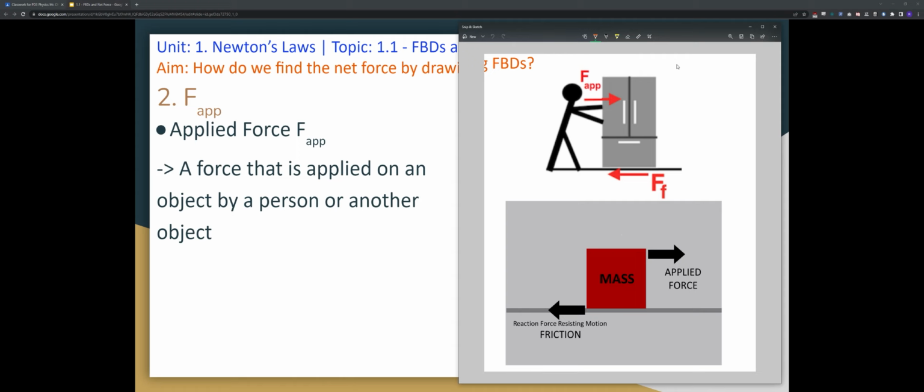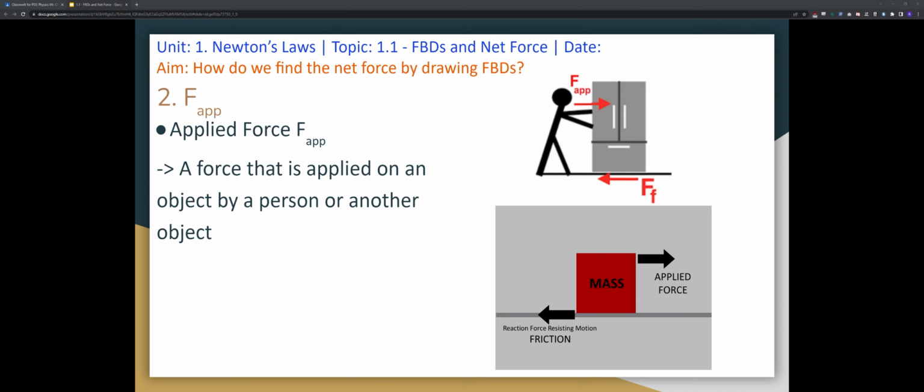If I kick a table, I'm also applying a force on that table. If a bat hits a baseball, that bat is applying a force on that baseball, so that's the applied force. And we're going to attribute the applied force to pretty much anything that's applied.